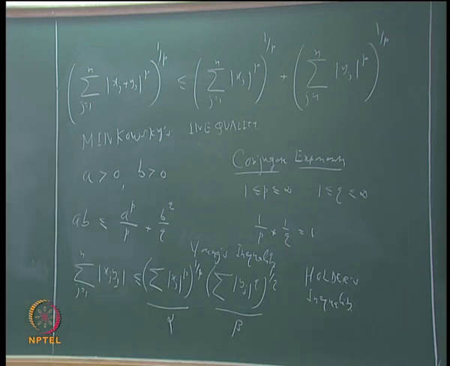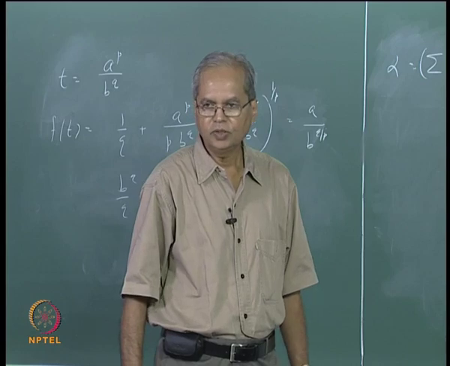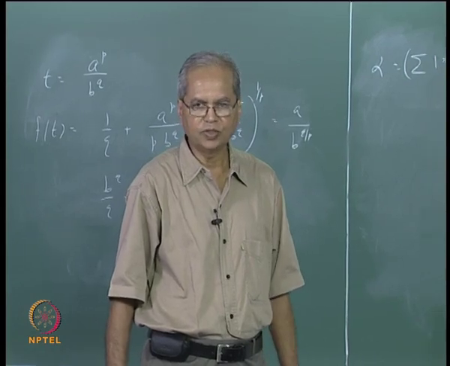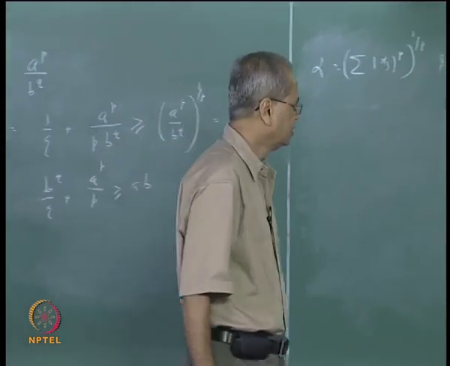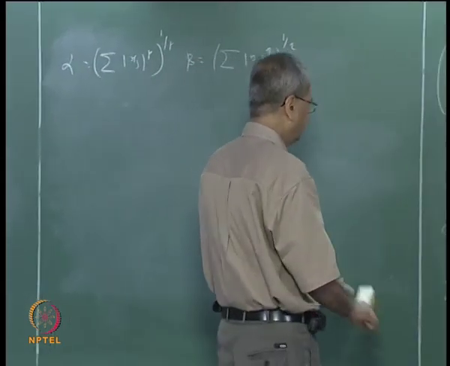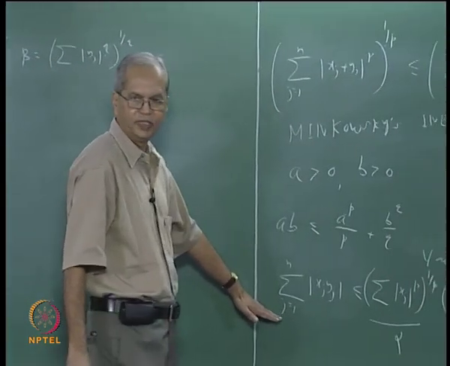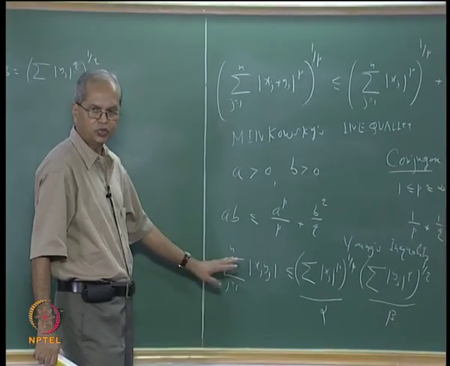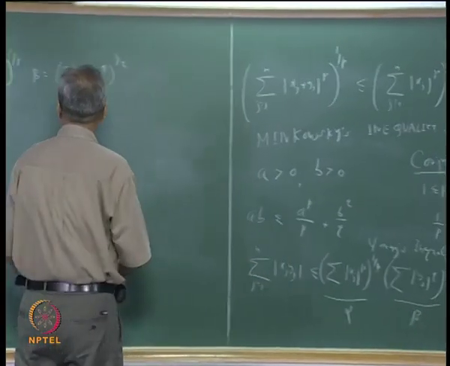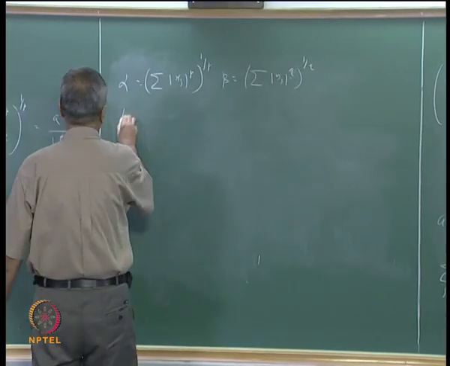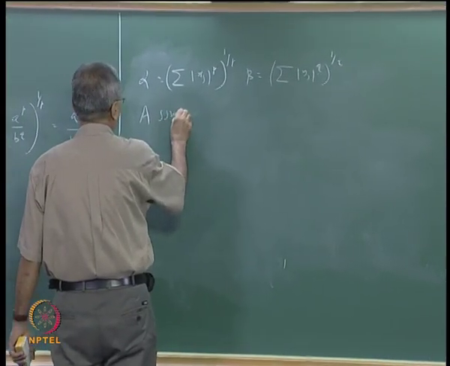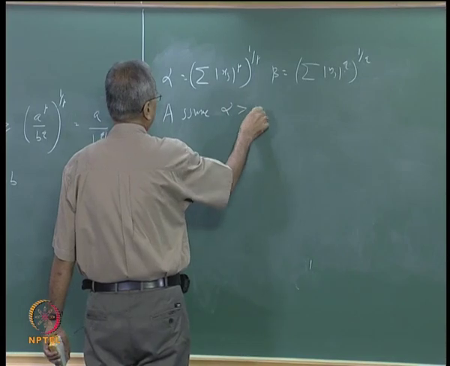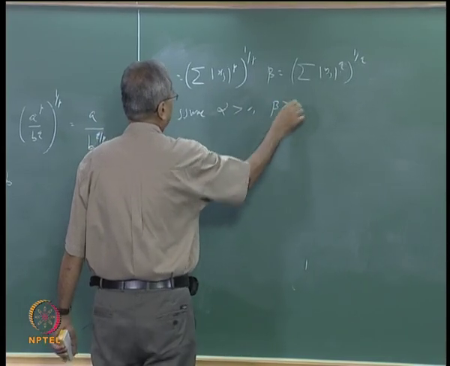Similar case with beta equal to 0. So if alpha is equal to 0 or beta equal to 0, this follows trivially. So we only need to consider the case when alpha and beta are both strictly positive. So let us assume alpha bigger than 0, beta bigger than 0.